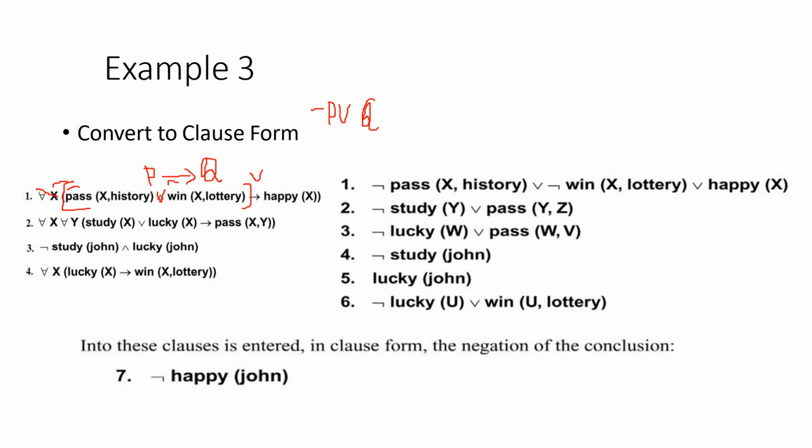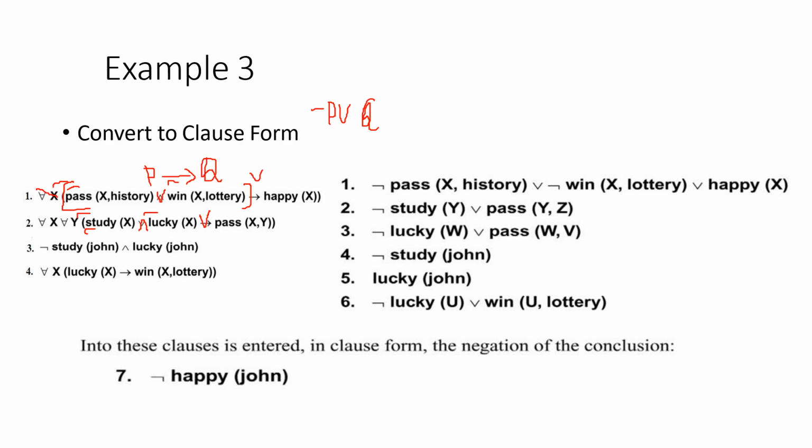Next is the second one. Here we have study x or lucky x implies pass x comma y. This is also similar to P implies Q, so we convert into not P or pass x comma y. Taking the negation inside, this will be not study x, and the or becomes and, not lucky x, or pass x comma y.